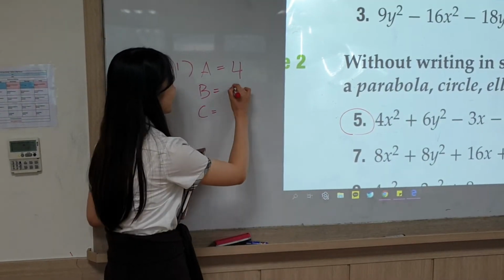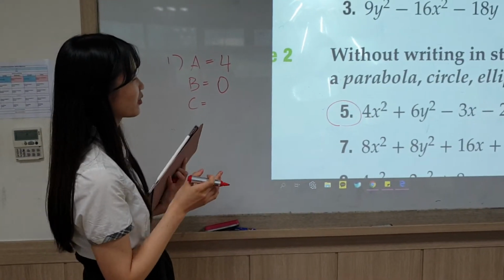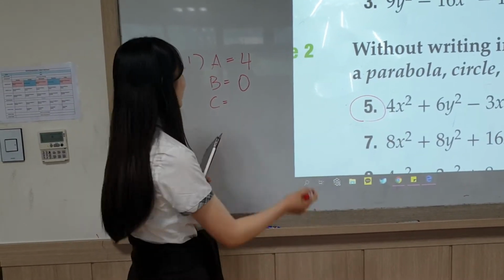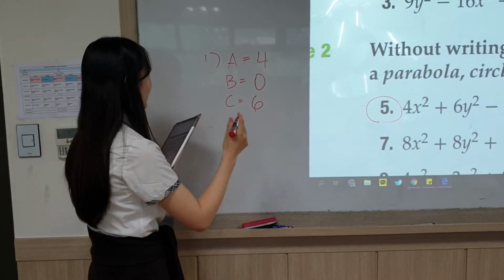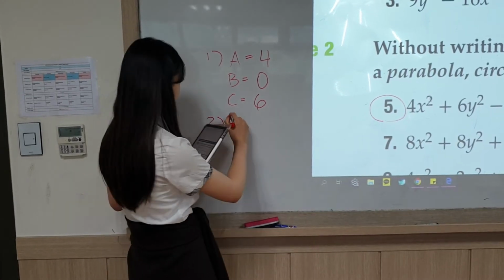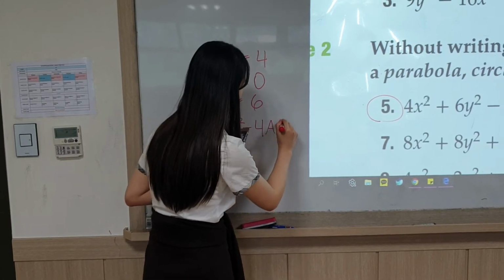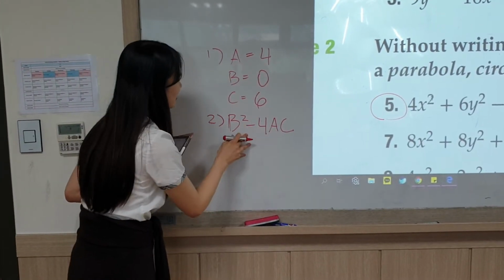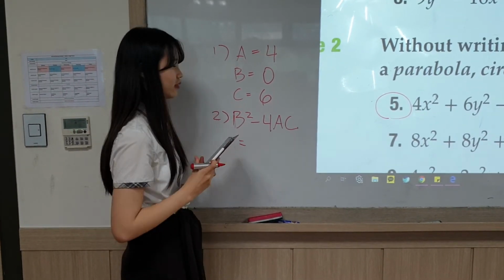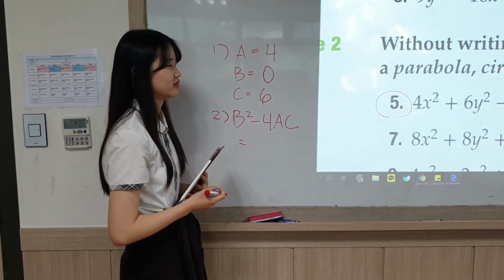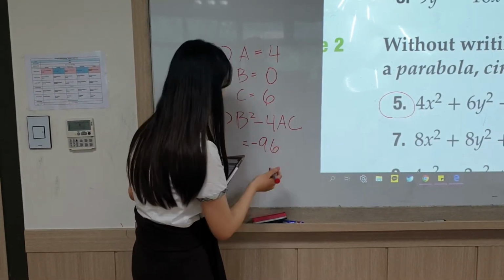No. So then it would be 0. And then for c, it would be cy squared. What is that? 6. Yes. So we found our ABC, right? Yeah. So for my number 2 step, I would do the b squared minus 4ac. So if we plug this in, what would it be? 0 minus 96. Yes. Minus 96.